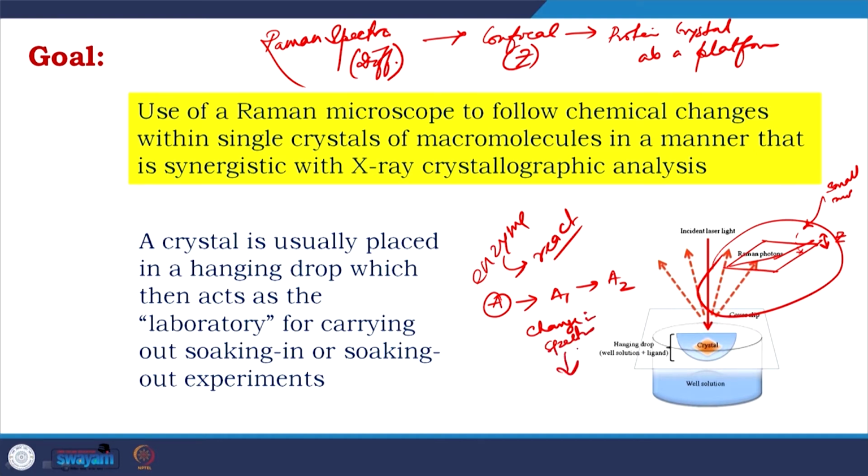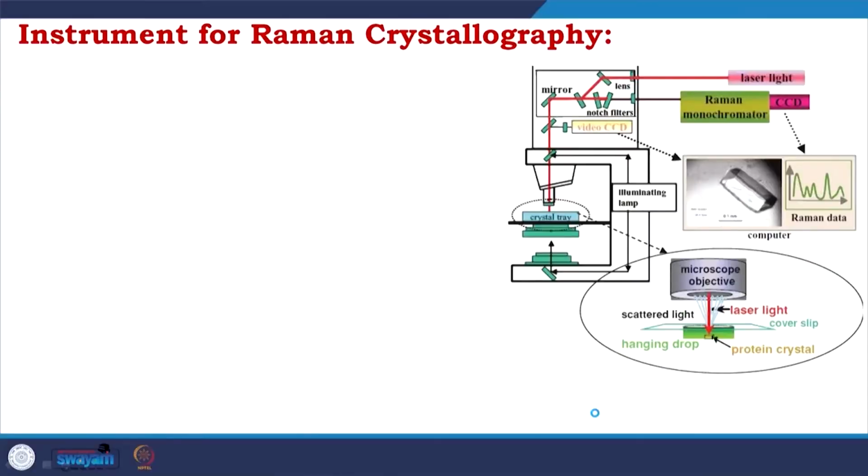That change would be identified by the difference Raman, which is continuously going through by the detection of the CCD camera. So, live. Whenever you see a change, you know that this is the moment there is a change. This is the setup. You could make changes, but this is the basic setup.